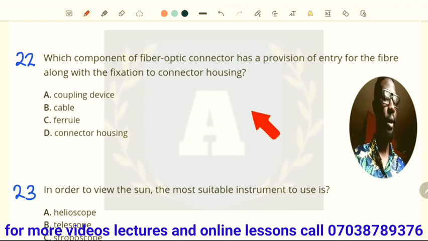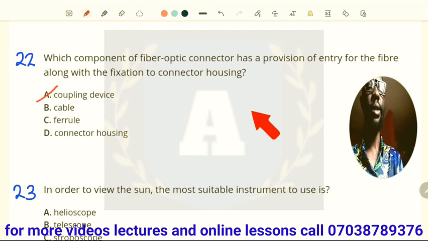A coupling device will actually help in splitting the input signal to get the output signal. So it's a splitter. It has a property to split. So the answer is a coupling device, which can also split.